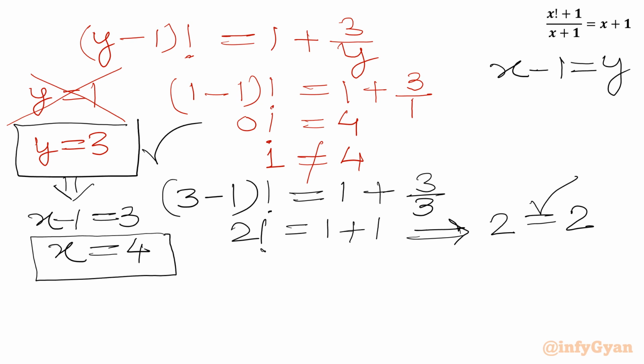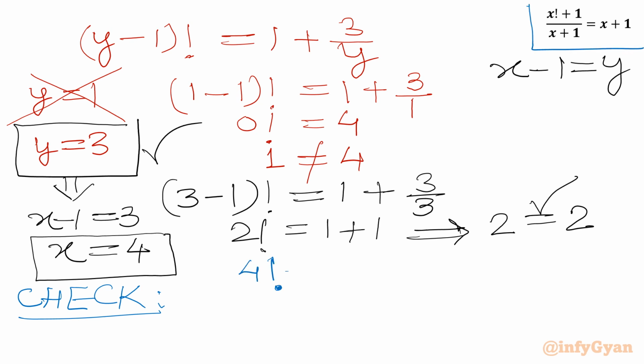Let us check. So I will write here: check. The equation is 4 factorial plus 1 over 4 plus 1 equal to 4 plus 1.